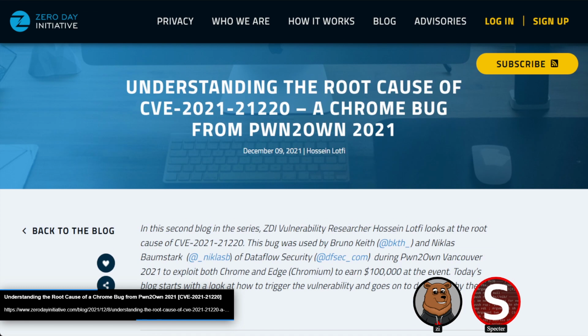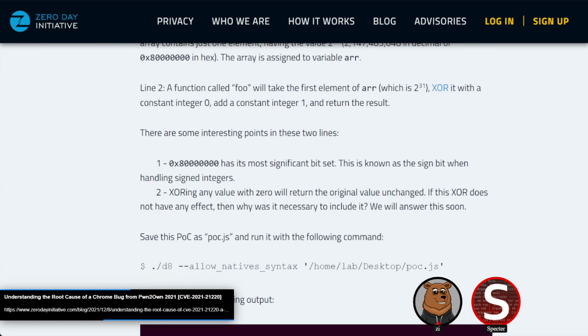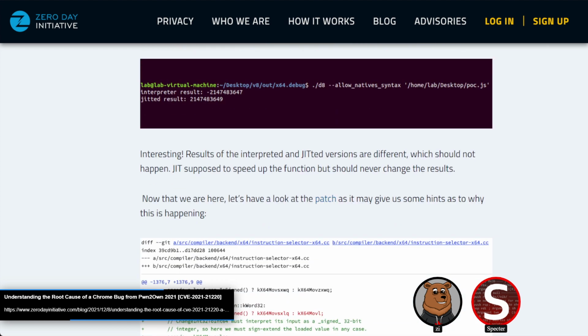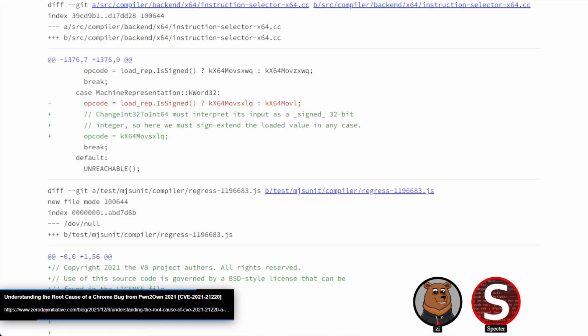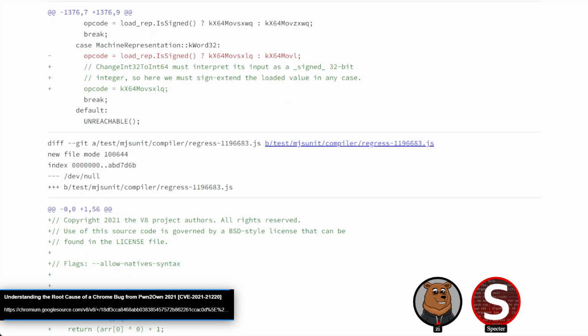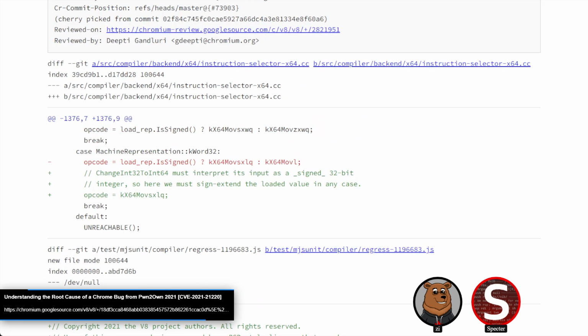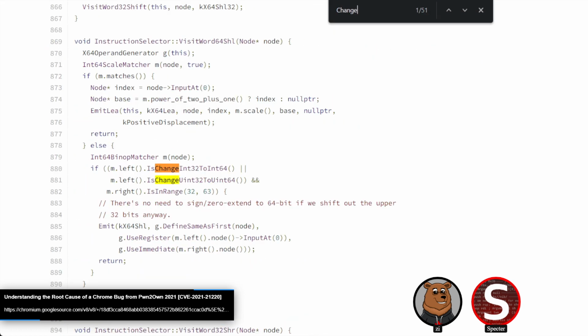The other thing was, if you look at the patch, it's very weird. I think you have it up here, yeah. You can kind of see it a little bit in the diff window. So this ChangeInt32ToInt64 supports different word sizes. It has a switch block, and it has cases for the different sizes.